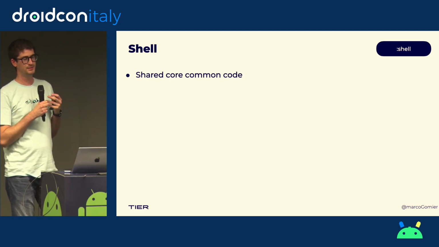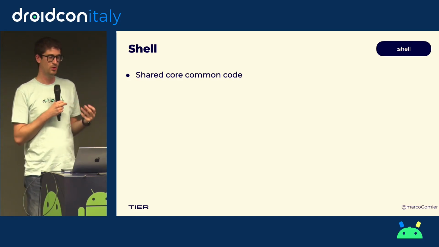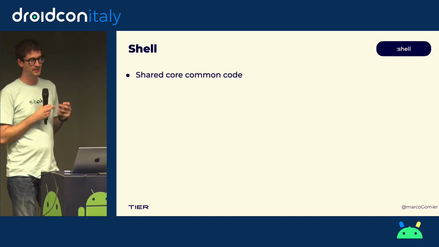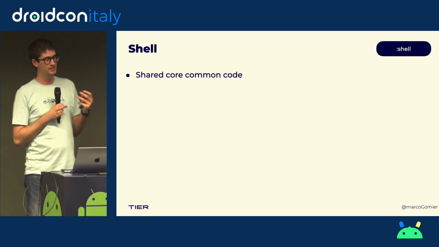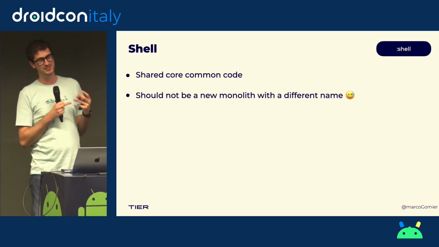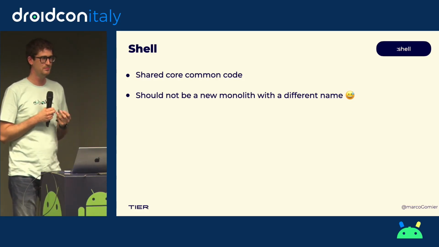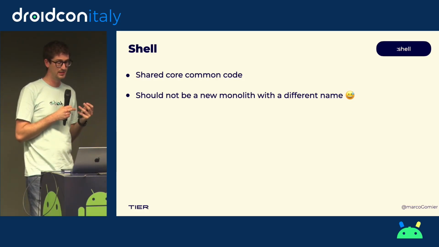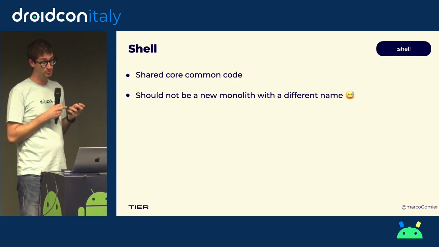In there is code like DTOs, some common models, some utilities, for example, schedule provider, stuff like that, that will be used in multiple places inside your application. And of course, this should not be yet another monolith with just a different name. So you need to be careful about what stuff you put into that.